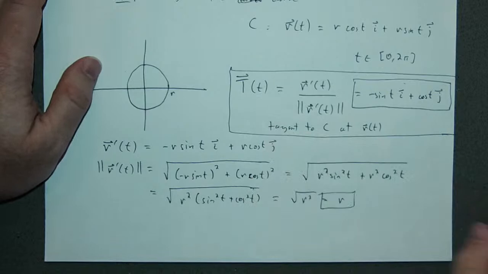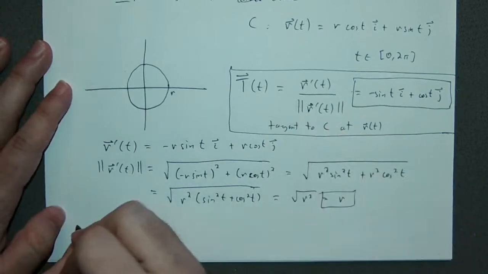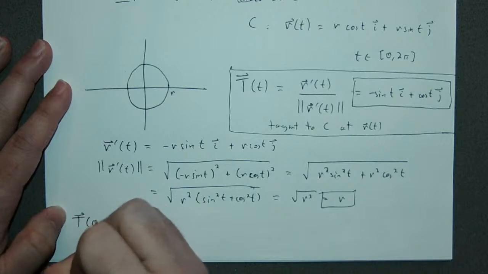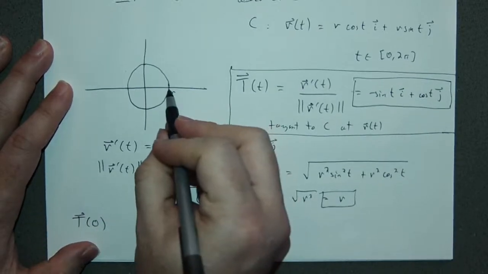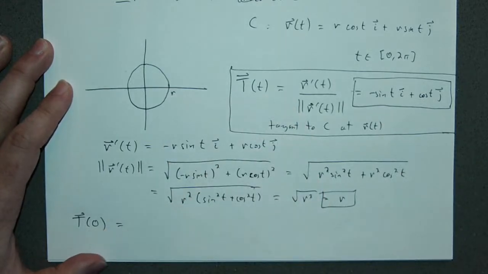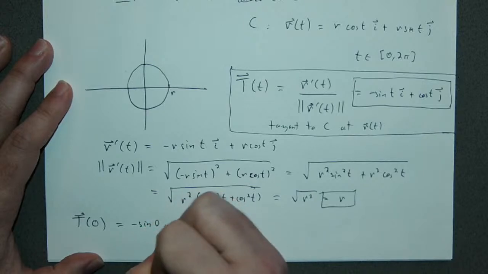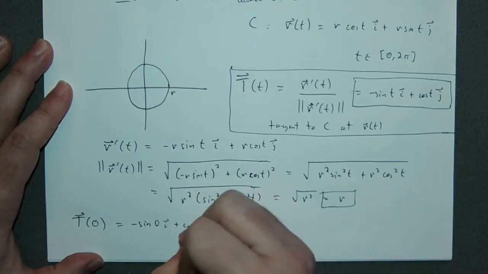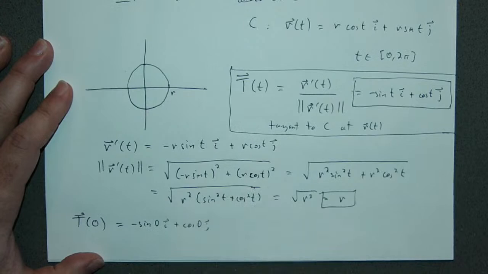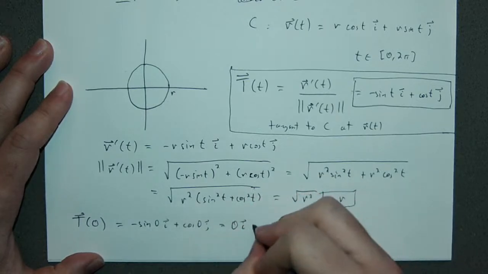For instance, the tangent vector at t equals 0, that's t equals 0 or t equals 2 pi here. What is this thing going to be? So T of 0 is minus sine 0 i plus cosine 0 j. What is this? This is 0 i plus 1 j.